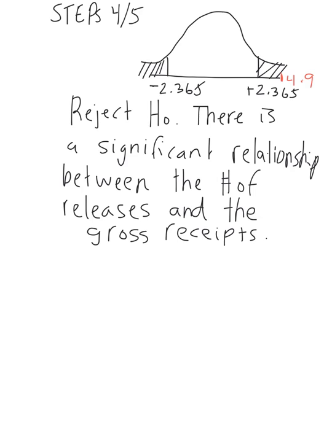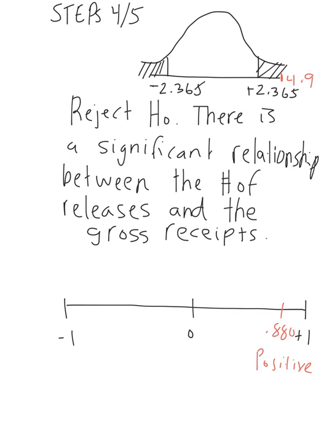Our r value was 0.880. Remember, on the number line, the closer it gets to 1 or negative 1, the stronger it is. 0.880 is right here. So you know this is going to be a positive strong linear relationship.